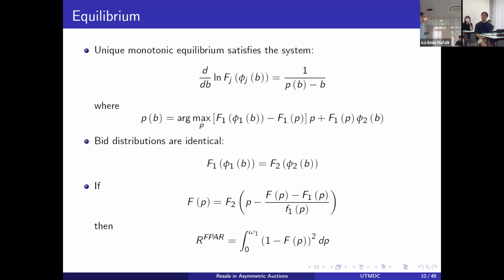And given these strategies in the second stage, the first-stage strategy is just how much to bid given my value. So in this first line, you characterize phi, which is only the inverse bid function. In the first stage, we have only the bid function as a strategy. So is this characterization of equilibrium only in the first stage and not about the second stage?